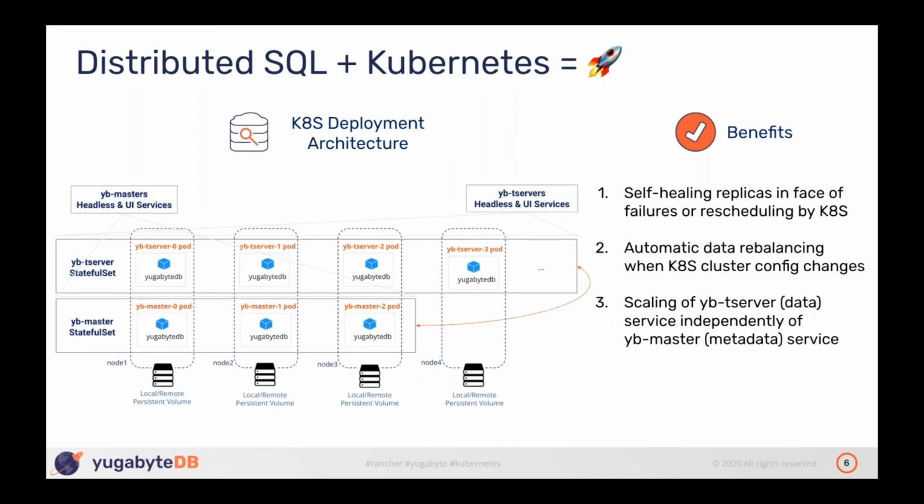But the YB TServer stateful set can scale as big as you want and can scale down as small as you want, with a minimum of obviously 3 pods or 3 replicas. So distributed SQL combined with Kubernetes allows us a lot of flexibility when it comes to managing transactional data.